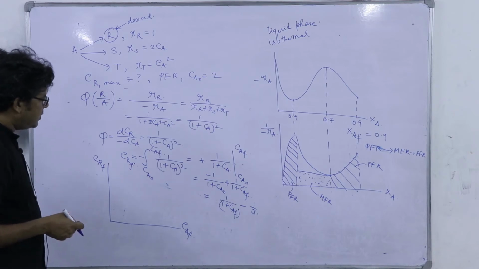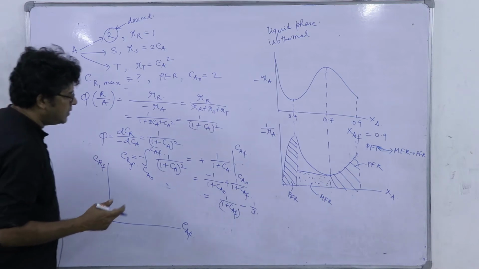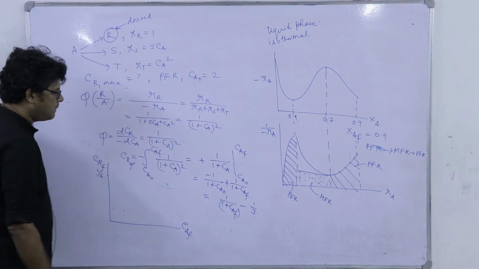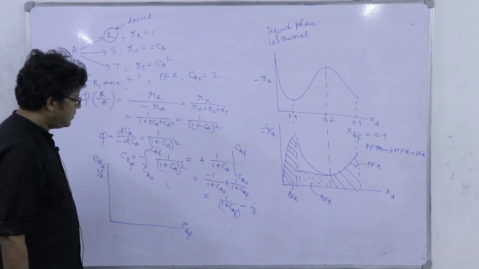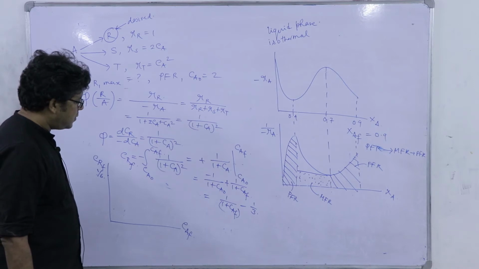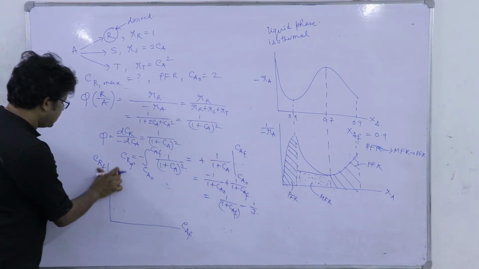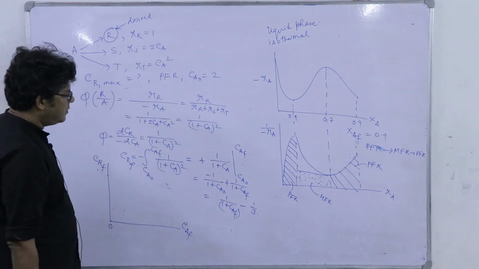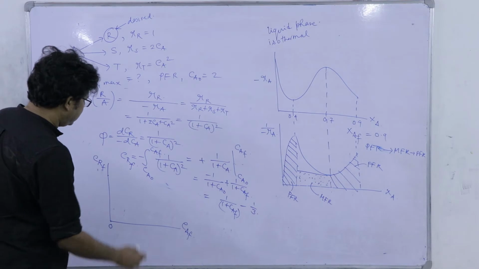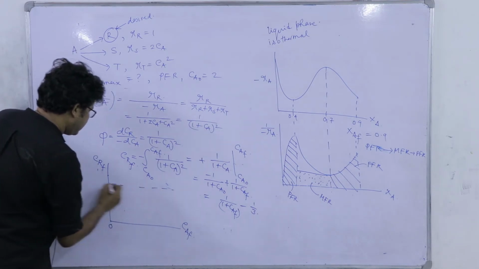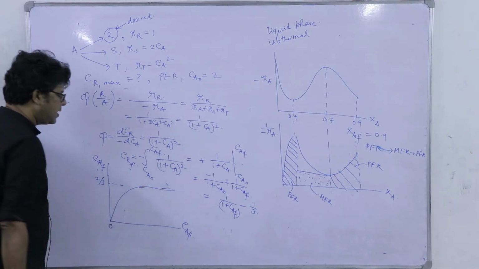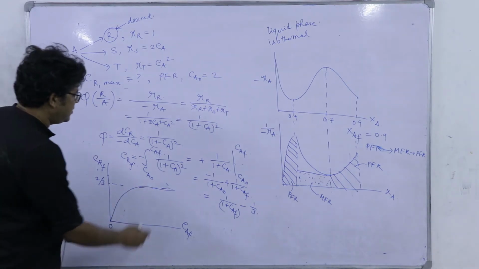So CAF is 2 initially. So, 1 by 2 minus 1 by 3, so this is 1 by 6 somewhere. Sorry, initially it is 0, and finally when CAF is 0, it is 2/3. So, it will be like this, right.